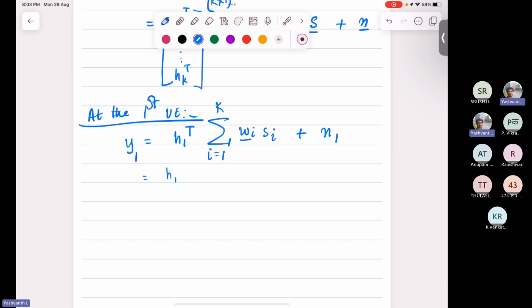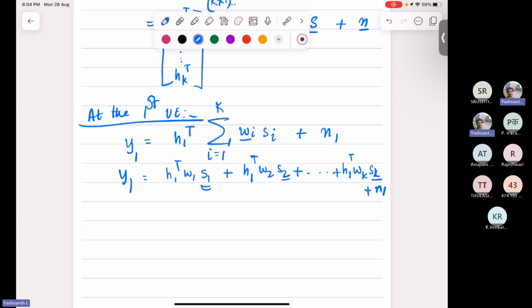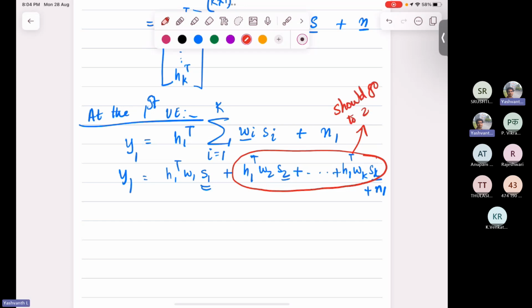This is H1 transpose W1 S1 plus H1 transpose W2 S2, and so on until H1 transpose WK SK plus N1. For the first user, only S1 is desired. S2, S3, and so on till SK are all undesired. Ideally, these terms should go to 0, because that is called inter-user interference.